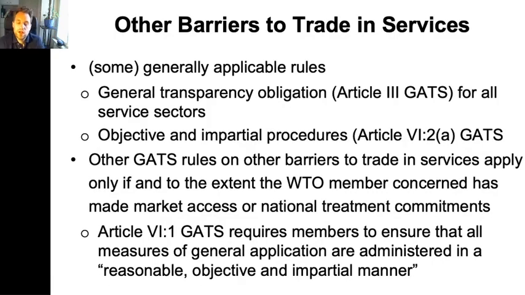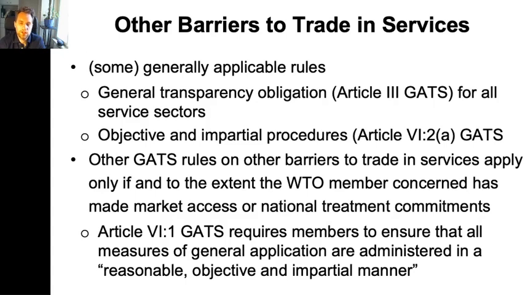What is also necessary to highlight here are some general rules in connection with trade in services. The transparency obligation in Article 3, which concerns all regulations of trade in services for all services sectors, is also relevant here. This is the equivalent to GATT Article 10: transparency, rule of law, and also objective and impartial procedures.